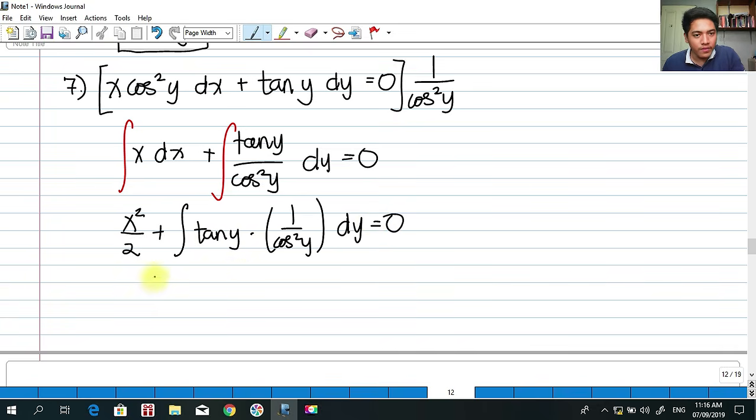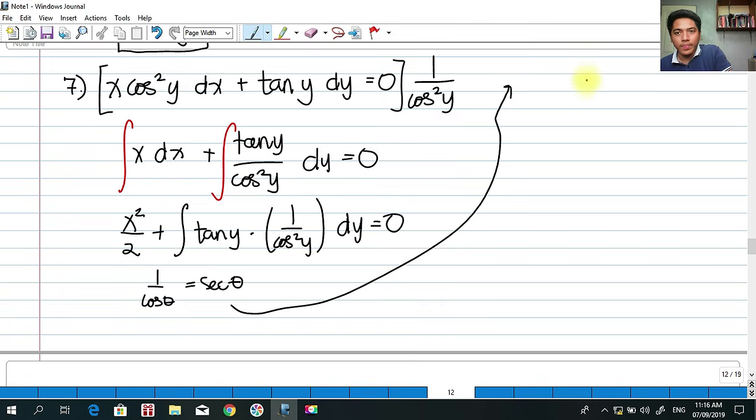If 1 over cosine theta is equal to secant theta, then this whole identity is now equal to 1 half x squared plus the integral of secant squared y, because our function here is y. So we have secant squared y times tangent y dy equals 0.